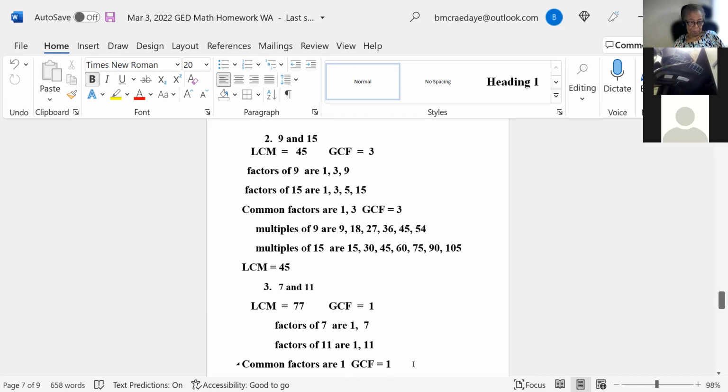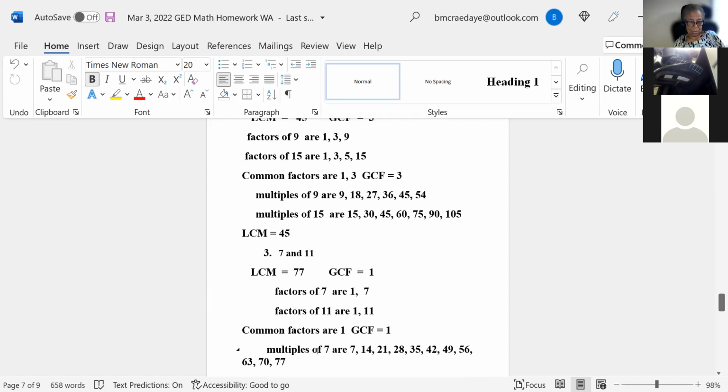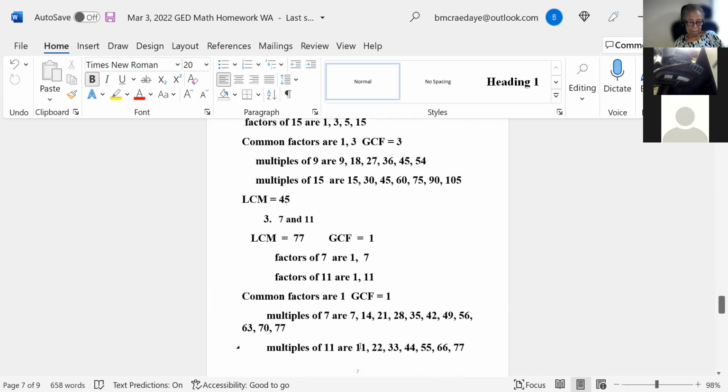So the greatest common factor is 1. Multiples of 7: 7, 14, 21, 28, 35. And what about 11? We have 11 times 1, 11 times 2, 22, 33, 44, 55, 66, 77.